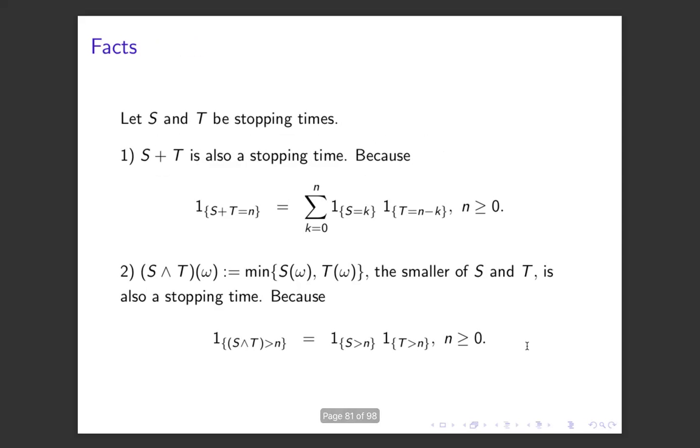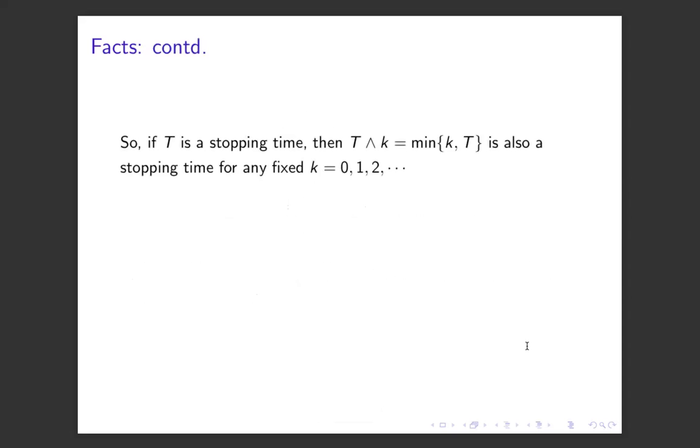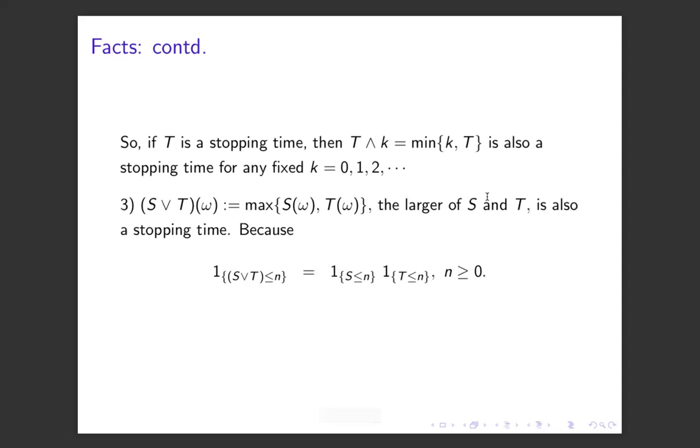So as a consequence of this, if you have a stopping time T, and we already know that the function which is identically K is also a stopping time, the minimum of T and K is also a stopping time for any fixed K. So T minimum K at an omega will be T omega if T omega is less than or equal to K, and if it is strictly greater than K, it will be K. And similarly, maximum.